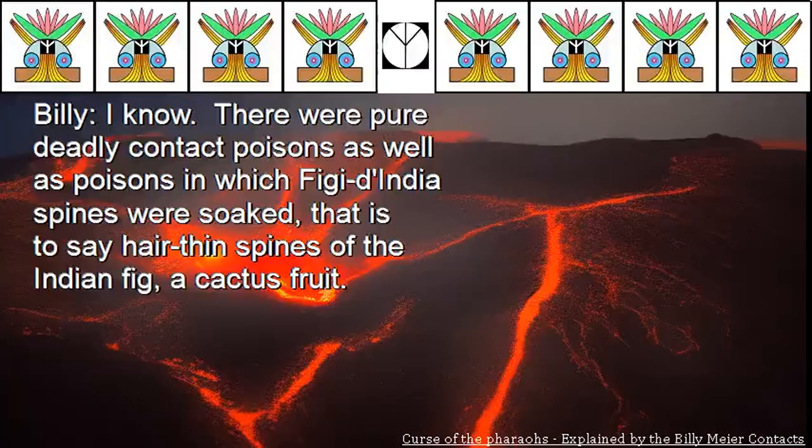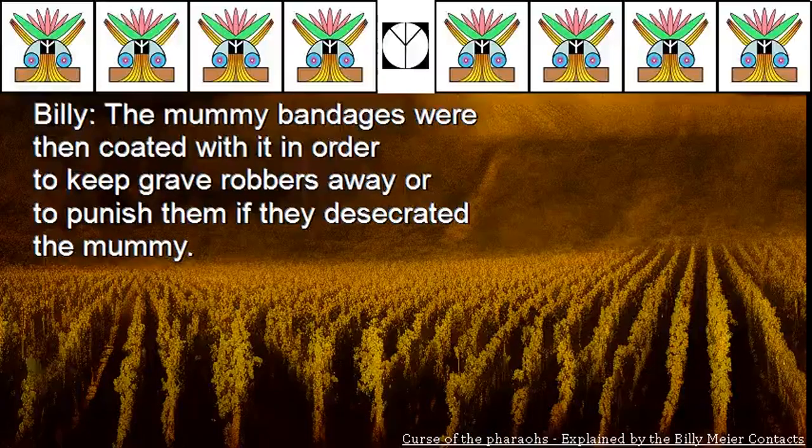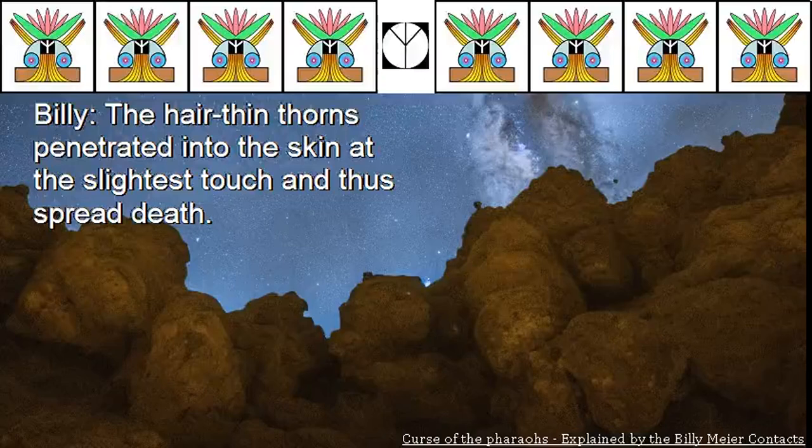There were pure deadly contact poisons as well as poisons in which Ficus indica spines were soaked. That is to say, hair-thin spines of the Indian fig, a cactus fruit. The mummy bandages were then coated with it in order to keep grave robbers away, or to punish them if they desecrated the mummy. The hair-thin thorns penetrated into the skin at the slightest touch and thus spread death.